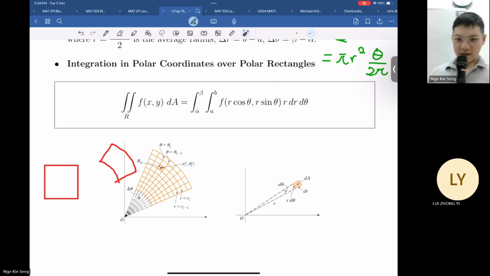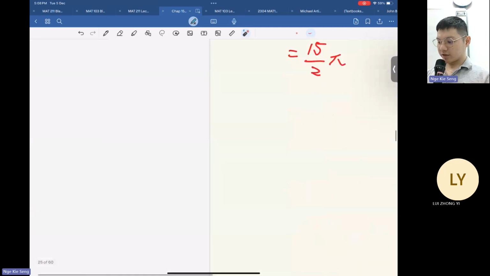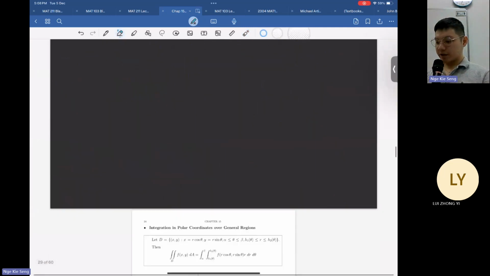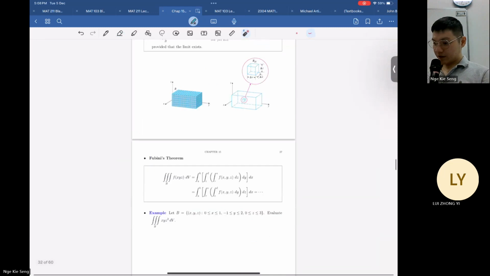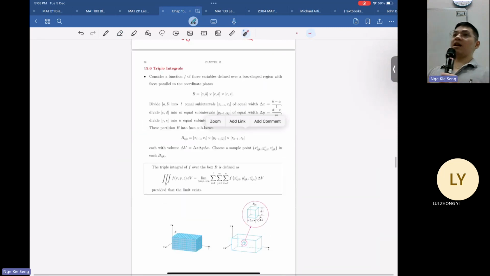Okay, let's continue with triple integral. Triple integral means what? 4D, correct, 4D. My domain becomes three-dimensional, and then my function should live in 4D.